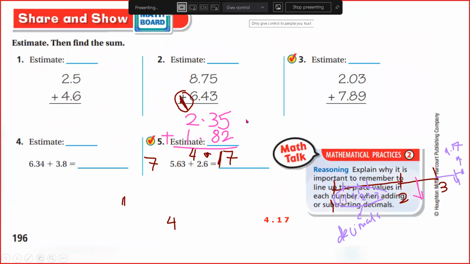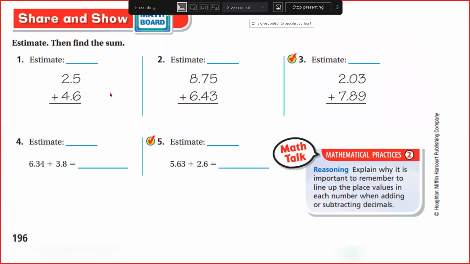Now, here, yellow. I will start with you now one by one. Okay, I think, is there anyone who did understand the lesson? Teachers, is it page 195? Yeah. Okay.